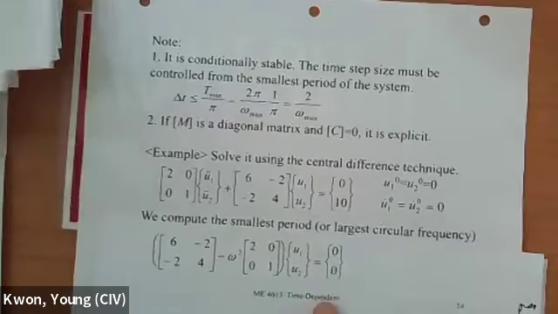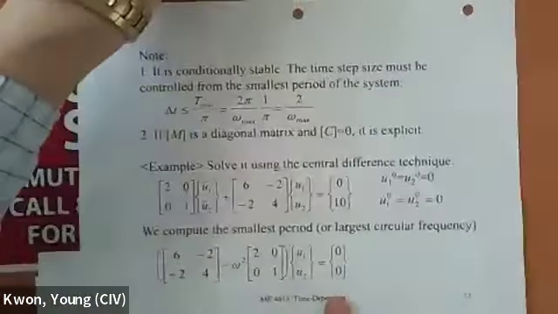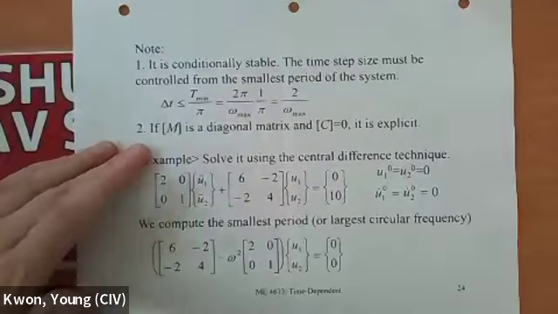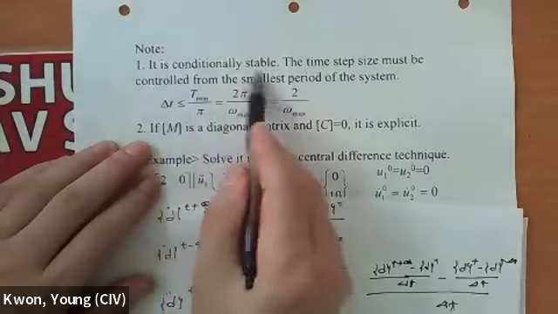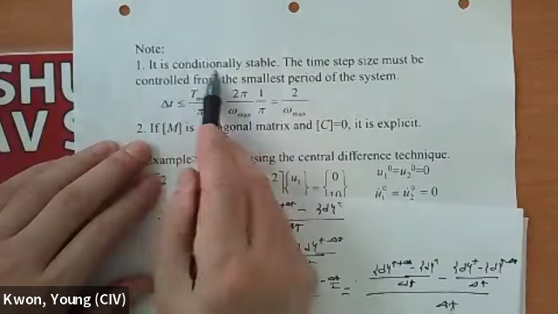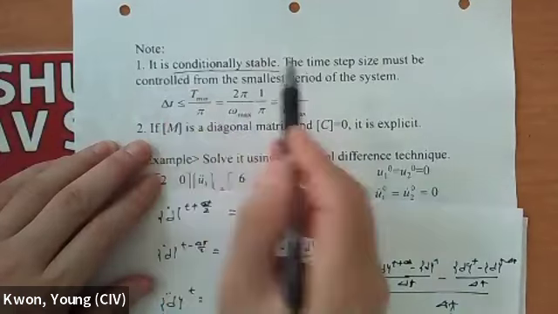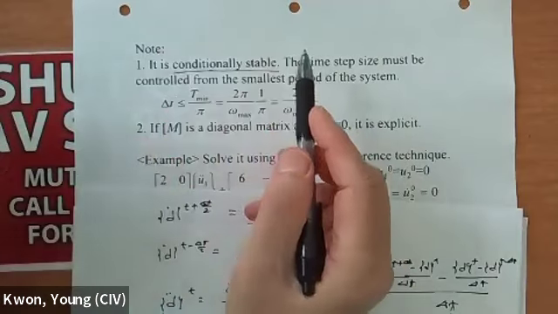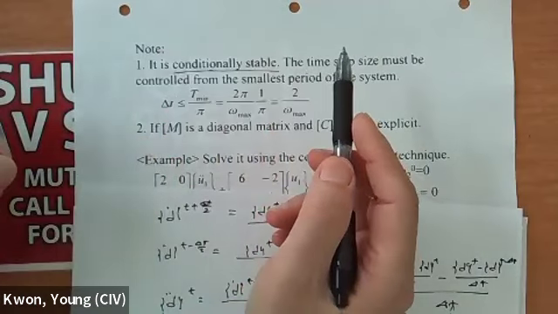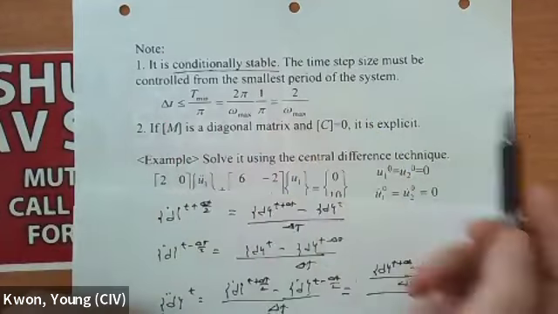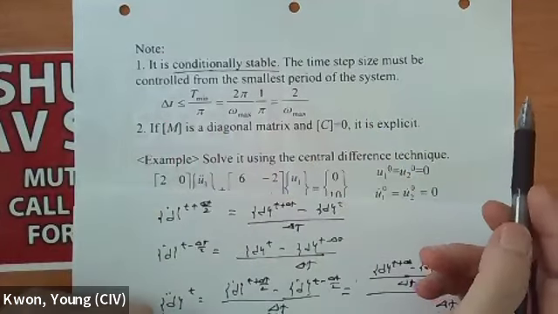Yes. Then what is the characteristic of this solution? This solution is, as I mentioned, unconditionally stable. I mean, conditionally stable. Sorry, conditionally stable. So in other words, your delta t has to be controlled to maintain stability of the problem.